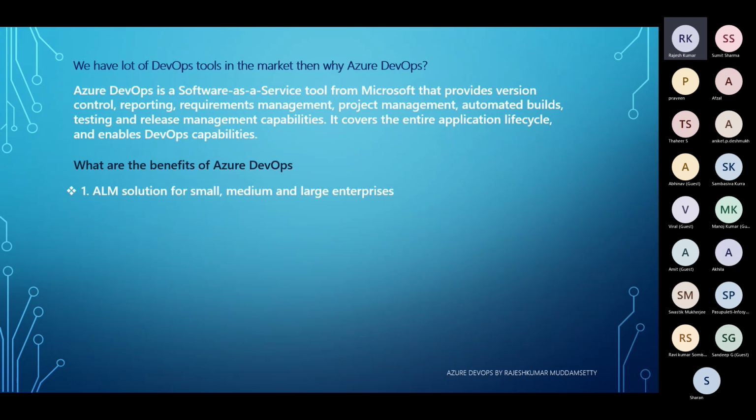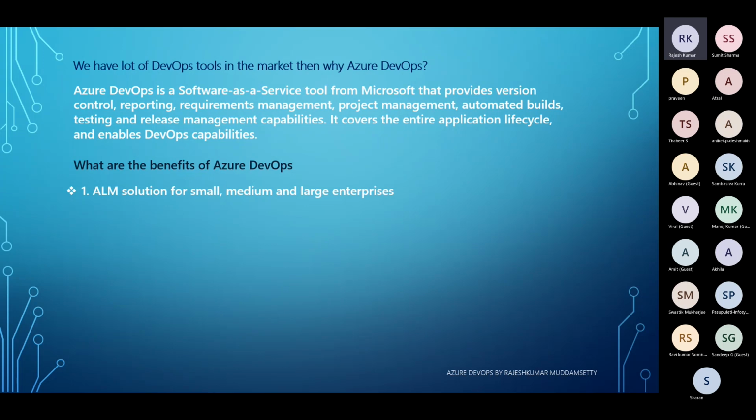These all things come under ALM, application lifecycle management. SDLC is different, guys. ALM is different. SDLC means software development lifecycle, which will give you the entire process, how you want to develop and how you want to deliver. But SDLC will not talk about monitoring. SDLC will not talk about operations, whereas ALM will explain you everything.